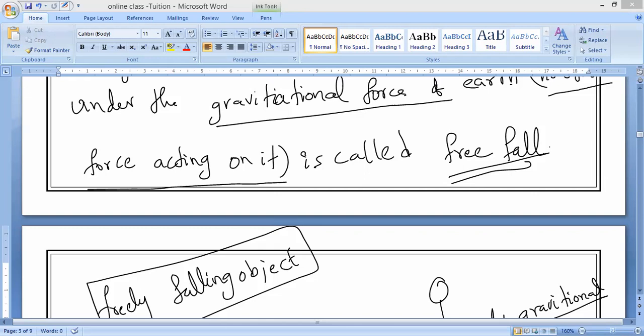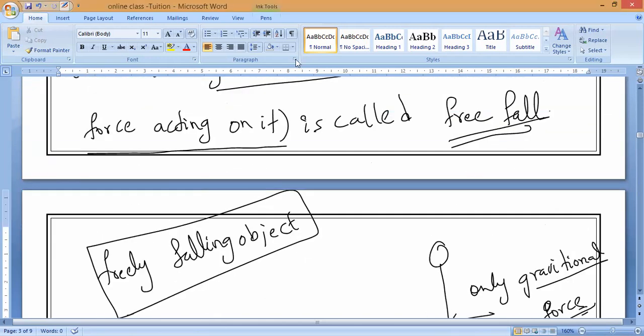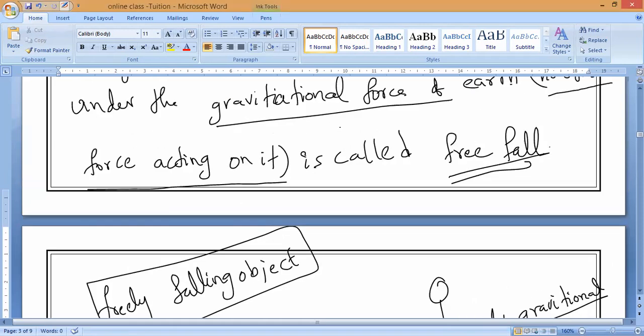What is their acceleration? Because in a freely falling body, mass is not depending. So if mass is not depending, then we should know how much the value is and how to calculate it. That we'll discuss in the next class.